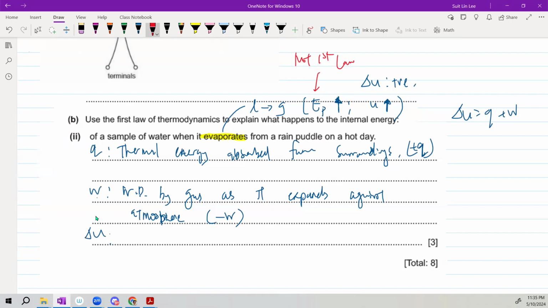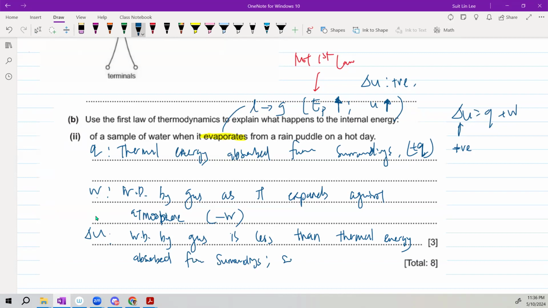So if I want to explain from the perspective of internal energy, I need to argue that since delta U must be positive, positive Q must be greater than negative W. So I will say that the work done by the gas is less than the thermal energy absorbed from surroundings. So internal energy increases.